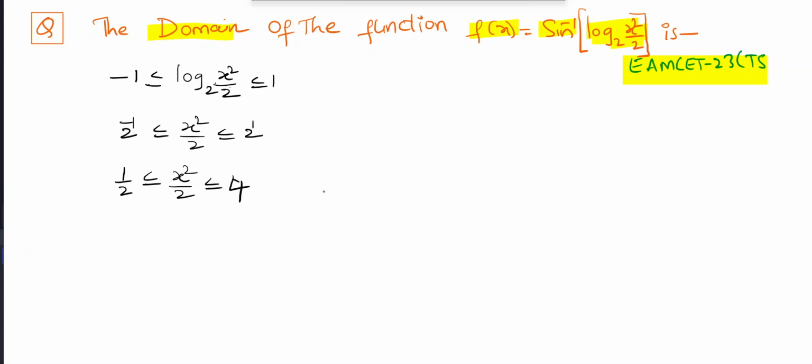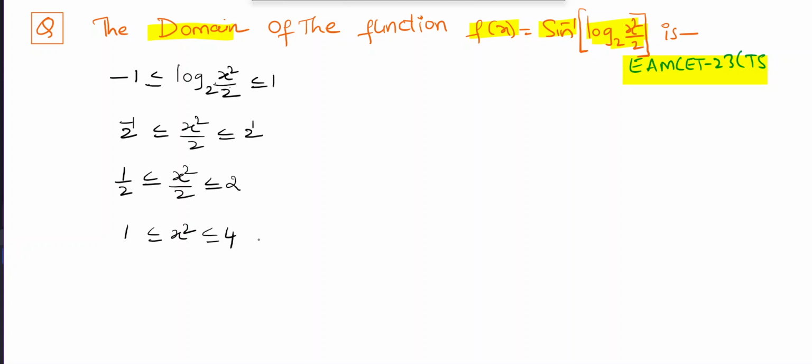This is the value of 4. Now from this, 1 less than or equal to x square, 2 power 1 is 2. Cancel 2 on this, 1 less than or equal to x square less than or equal to 4.